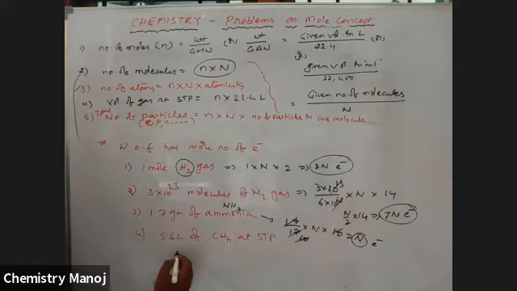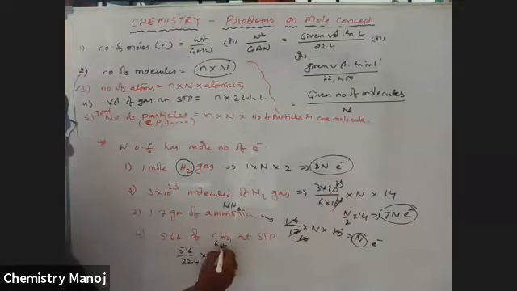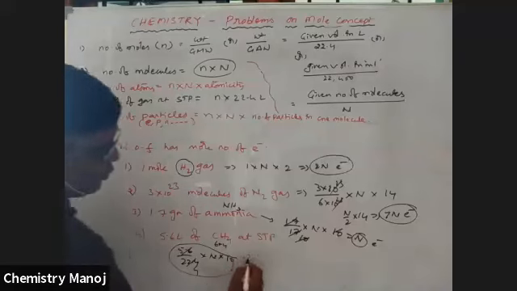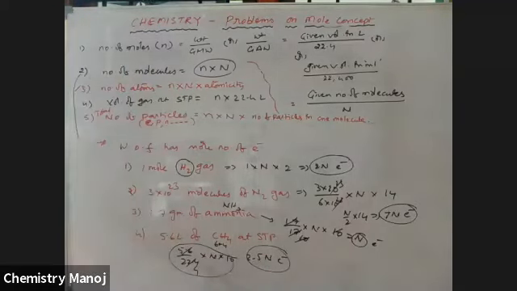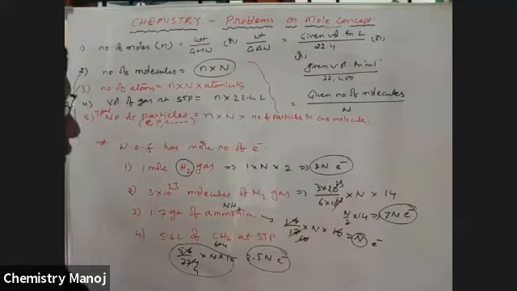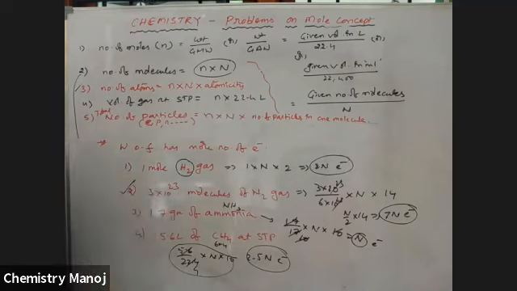Now 5.6 liters: 5.6 by 22.4 into capital N. Methane, carbon 6 plus 4 is 10, that is 1 by 4, so 2.5N electrons are available.